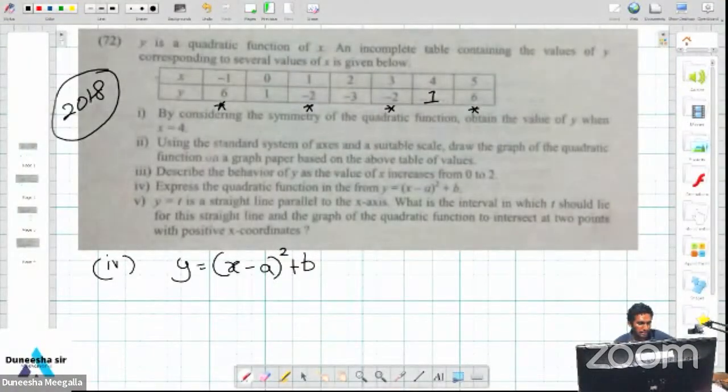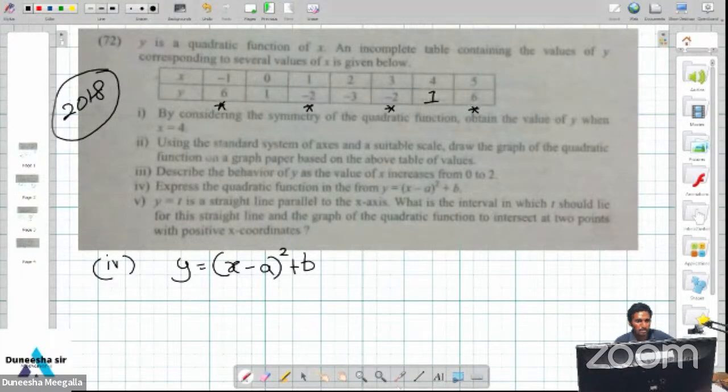What is the fifth question? y equals t is a straight line parallel to the x-axis.